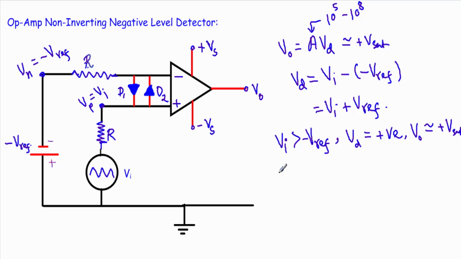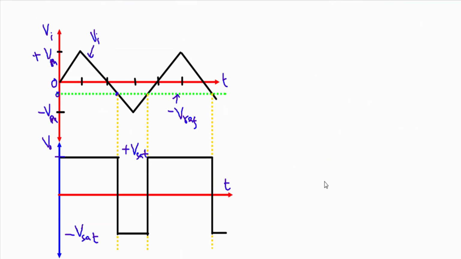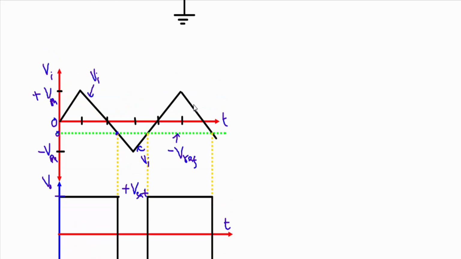Now consider a case when this Vi is less than our negative reference voltage. Look at the input waveform. This is our negative reference voltage, and when Vi is less than the negative reference voltage, that means Vi will be more negative than this negative reference voltage.